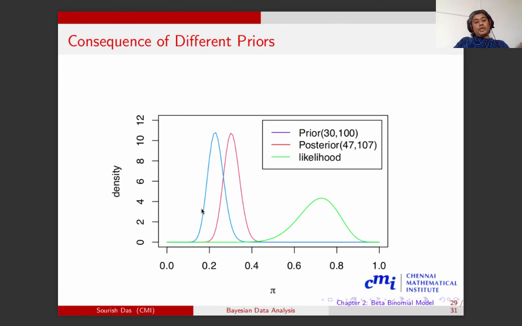Now we took a prior which is 30, 100, which is not only far from the actual data, but also very confident, not only biased or wrong but also very confident. The posterior is still trying to go away from this prior, but this time, because the variance is very small, the confidence interval is very small, it is not able to move far from the prior.